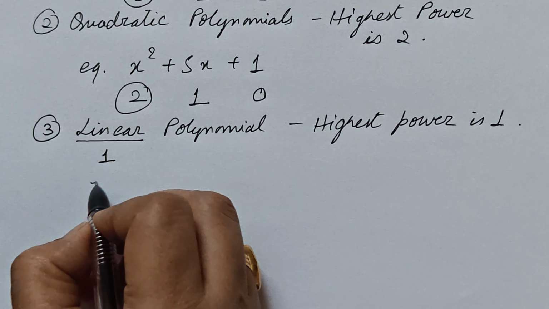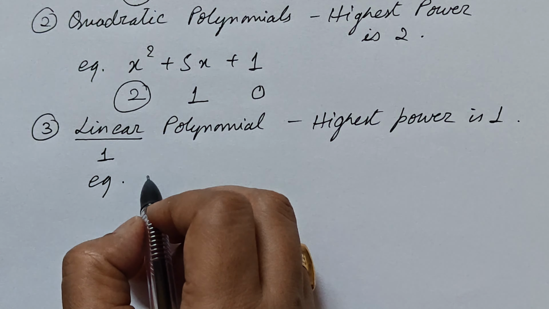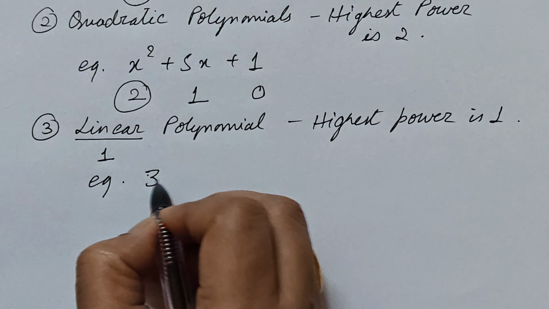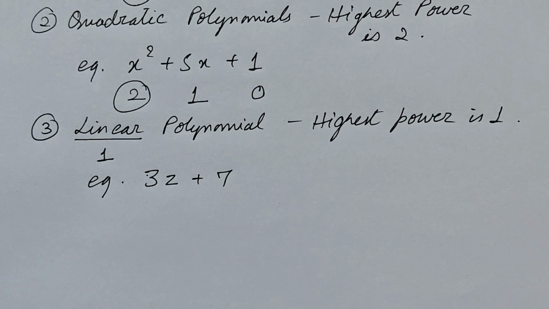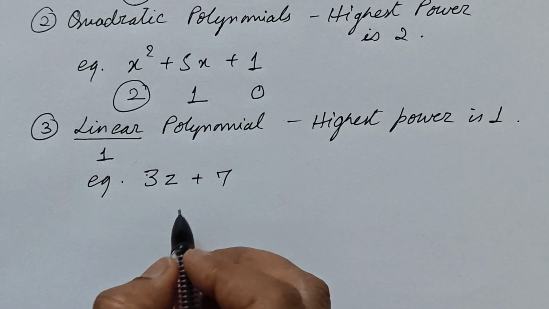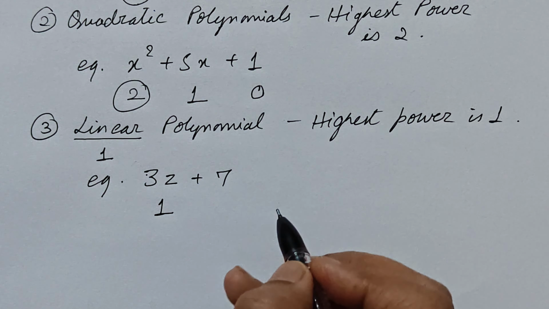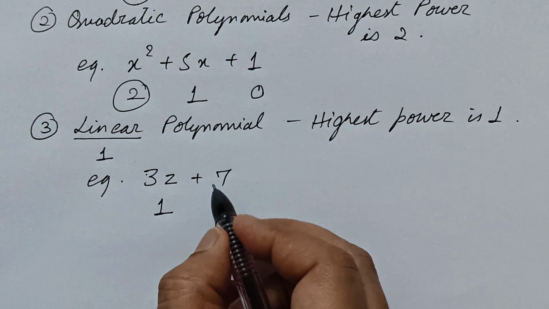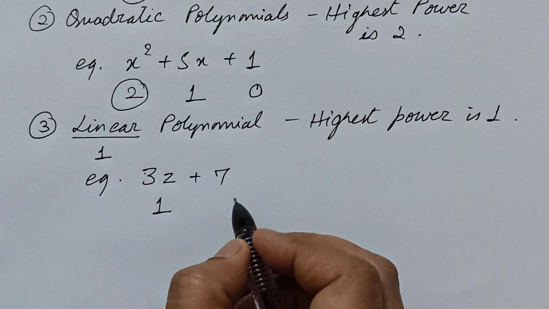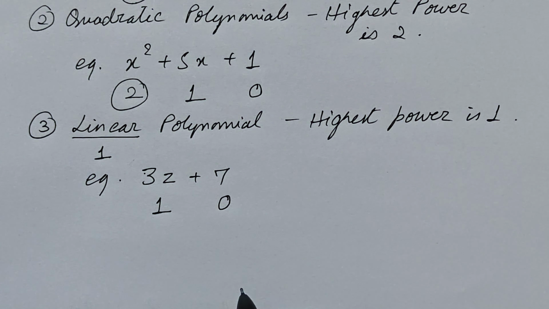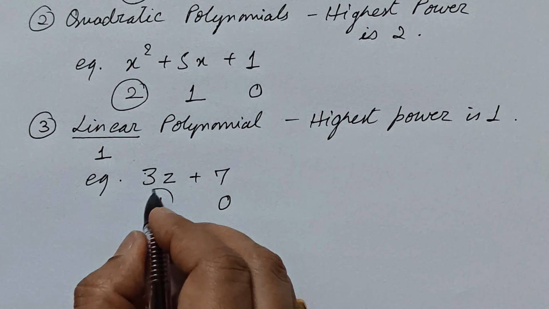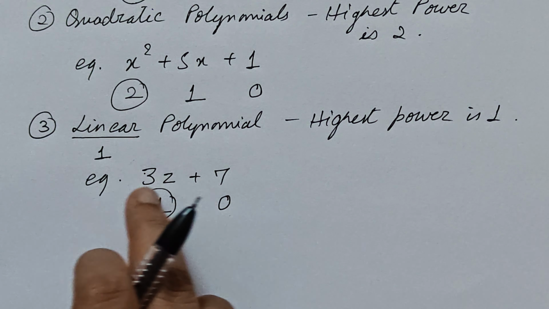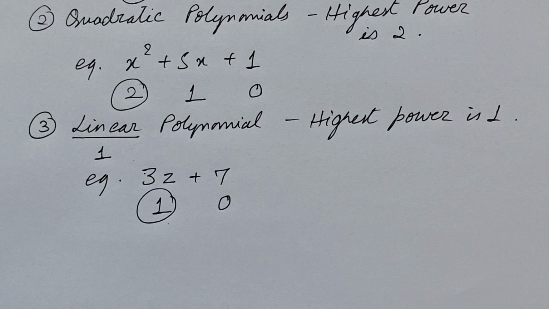Let us take an example, like 3z plus 7. This term 3z has power 1. Here this is a constant term, that means the power of the variable is 0. Among these two, 1 and 0, the highest one is 1. So the expression 3z plus 7 is a linear polynomial.